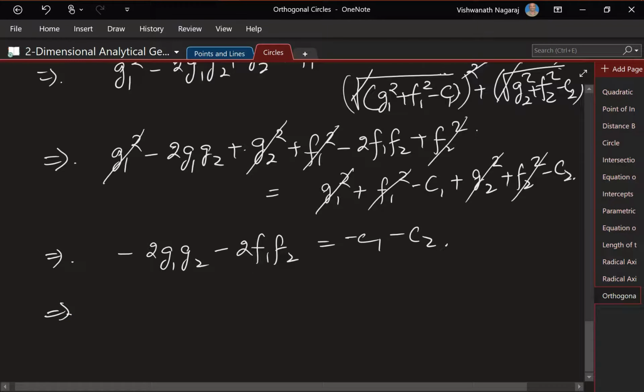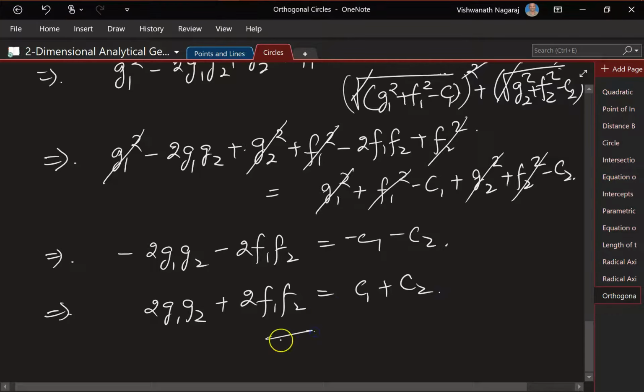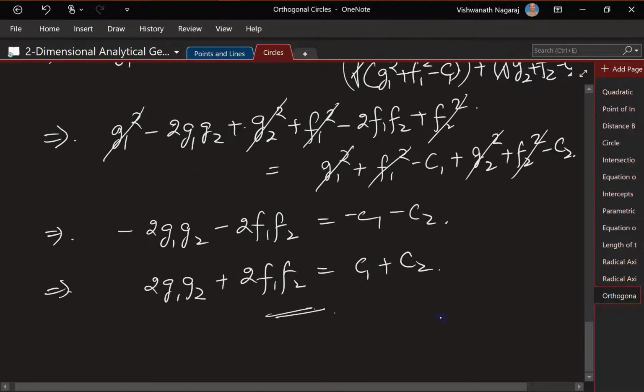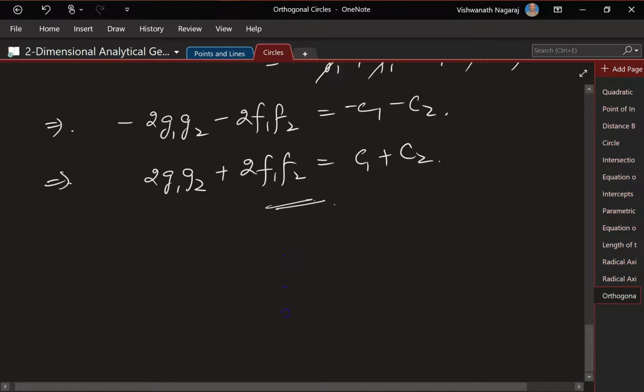Multiplying the entire thing by minus 1, we get 2g1g2 plus 2f1f2 equal to c1 plus c2. So if two circles satisfy this condition, then they are orthogonal circles.